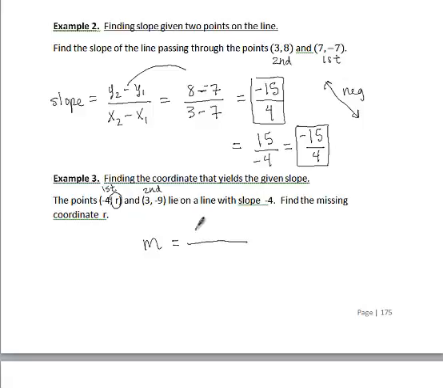The formula is pretty simple to remember. You just subtract the y's on the top, subtract the x's on the bottom. You want the x and y with the same subscript, sort of lined up on top of each other. So 2's, and then our first point coordinates lined up in a column.